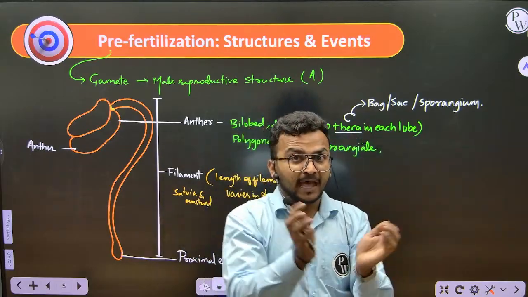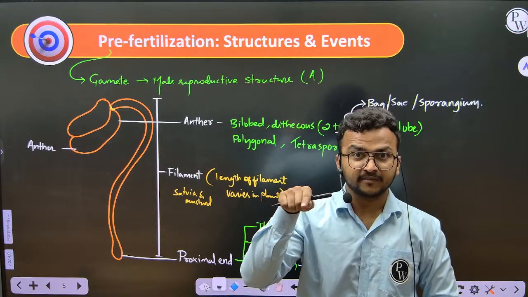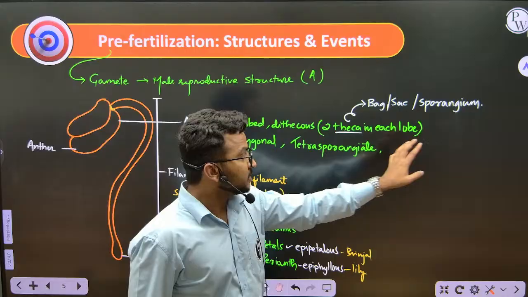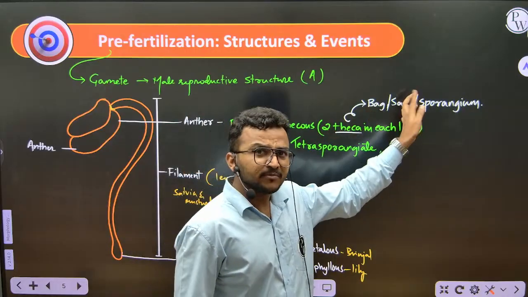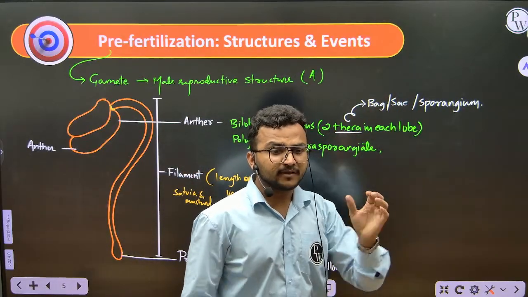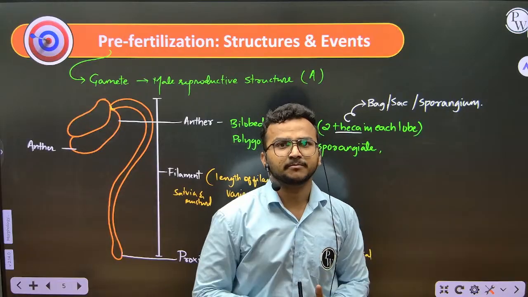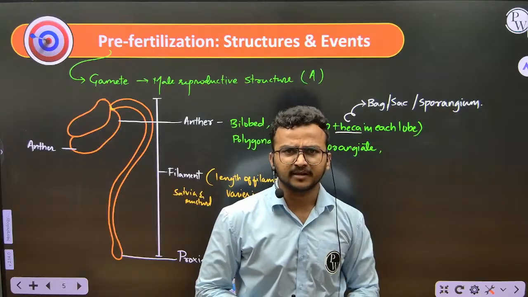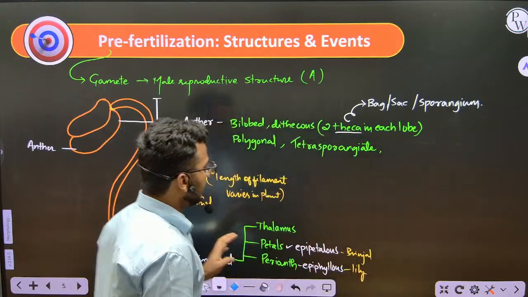If the same bag contains pollen grains, then it will be a pollen sac. Okay, understood. So the names are based on the presence of the things within the bag. I am calling the same bag by three different names. Okay. So next I will be seeing the structure of this one.